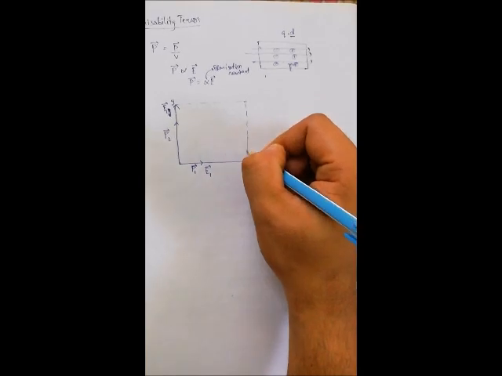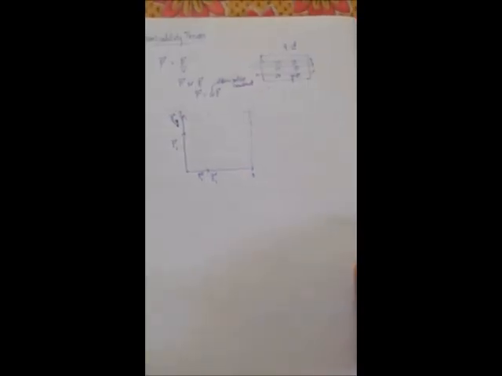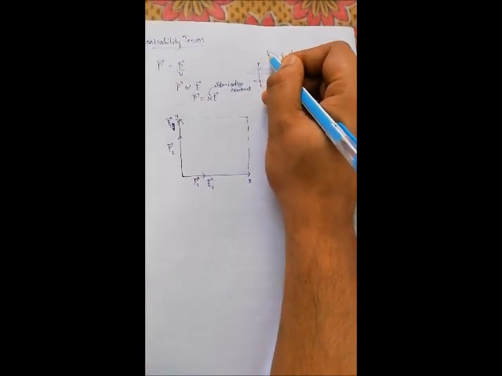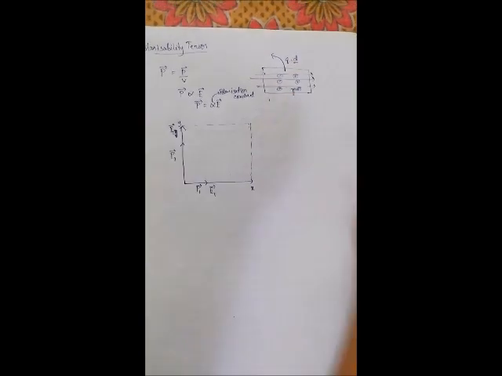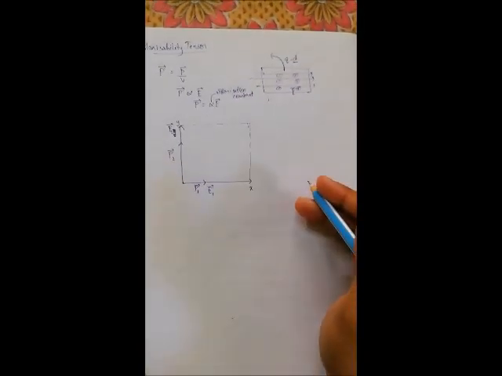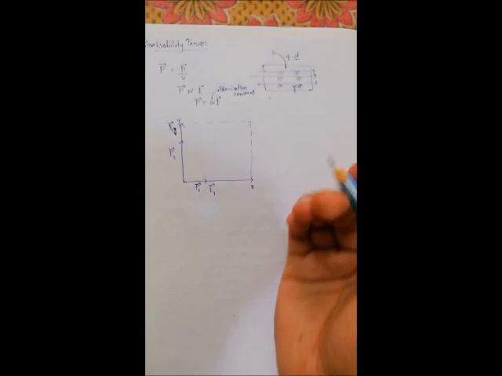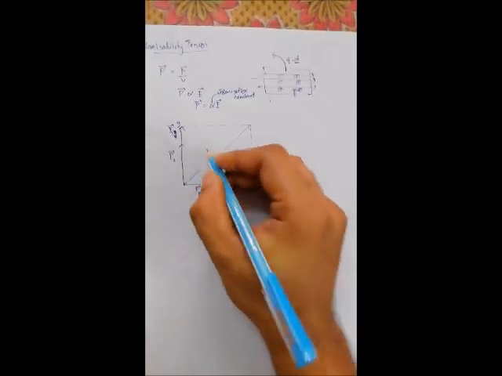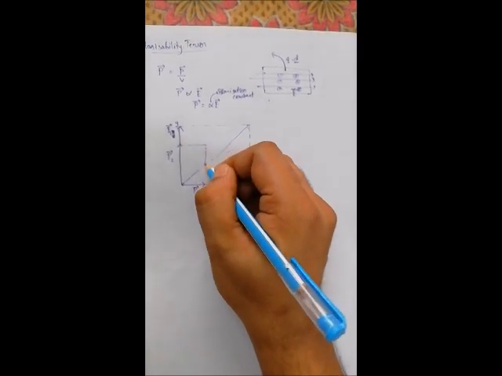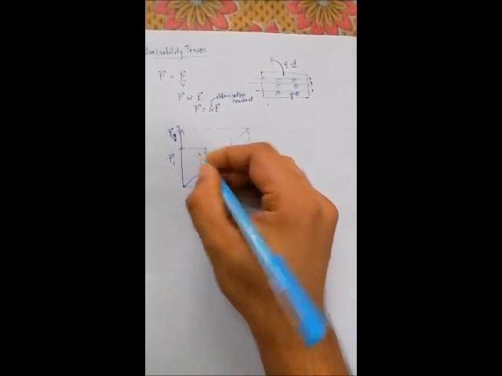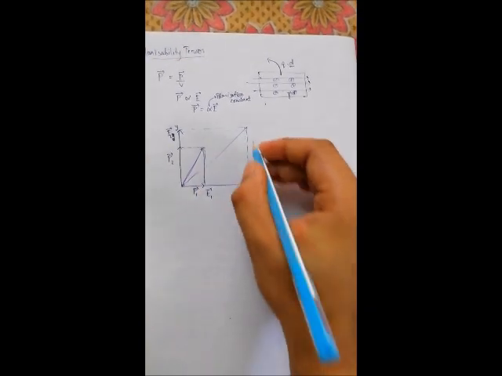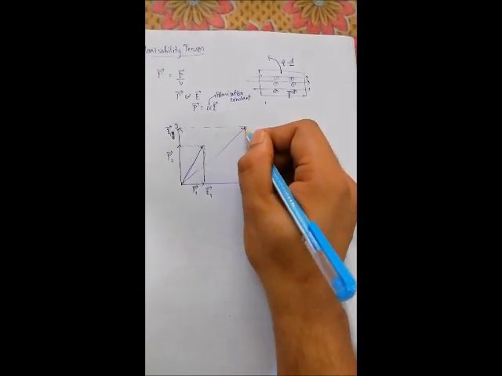Now suppose you rotate this crystal in its coordinate axes, say by 45 degrees. The polarization will now be the vector sum of this P1 and P2, and the electric field which we applied is actually the vector sum of E1 and E2.